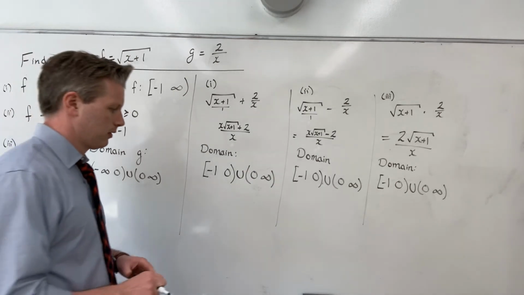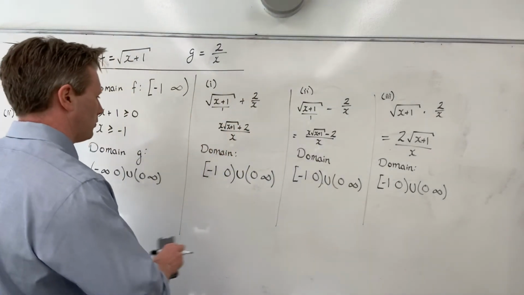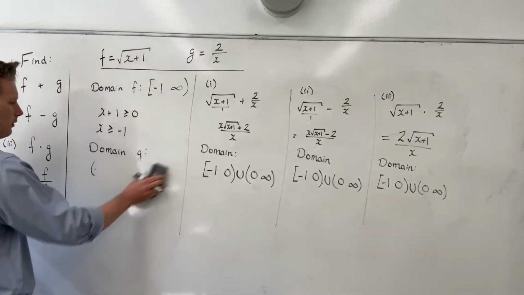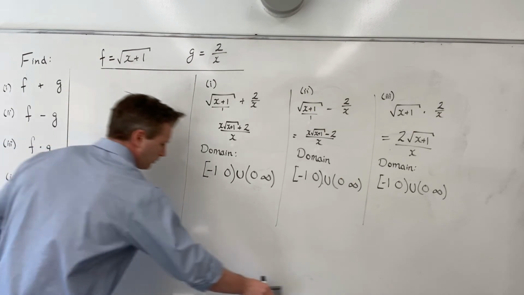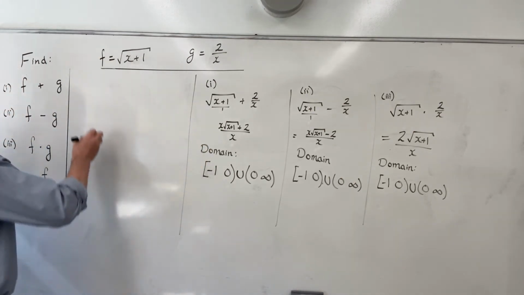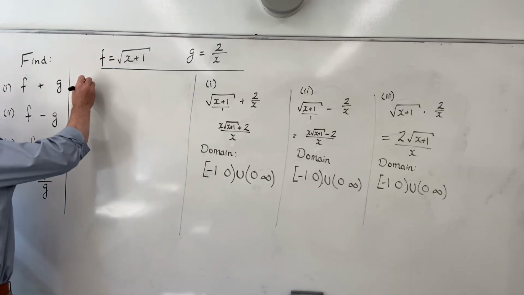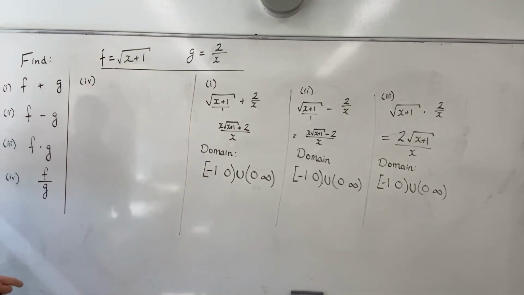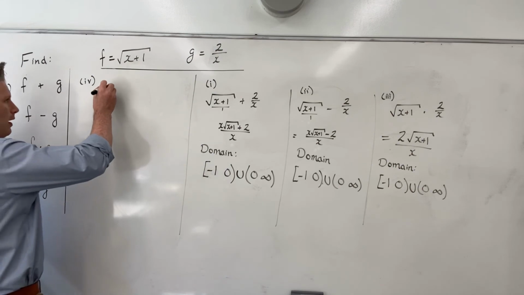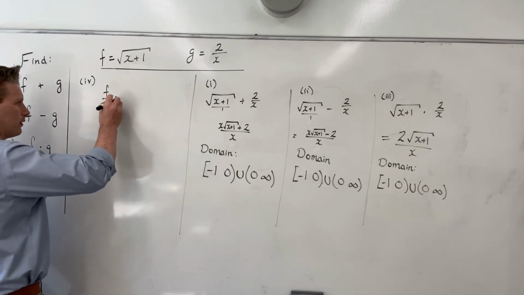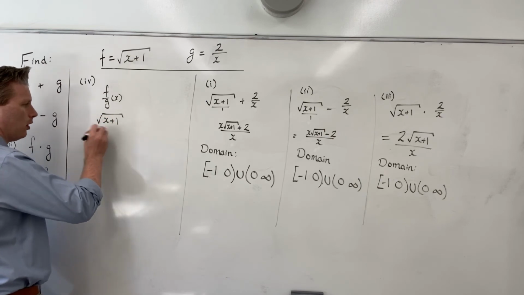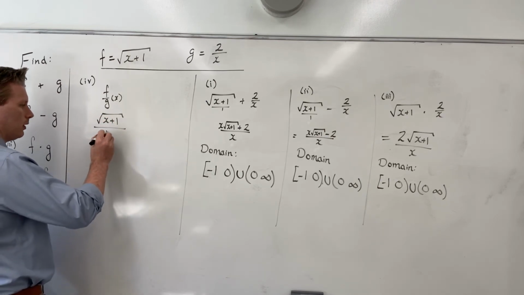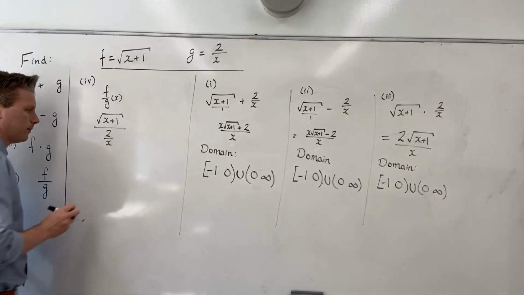All right, last one. I'm just going to erase right here so I have a little more board space. So part 4, f over g. And so f over g of x will be the square root of x plus 1 all over 2 over x.